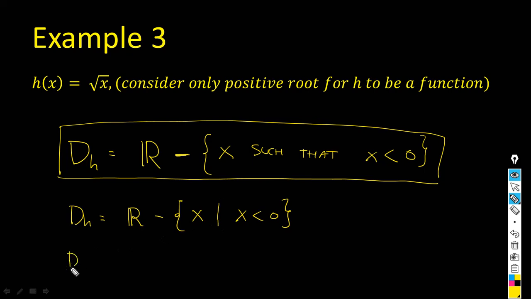And another way to express exactly the same thing is this. Minus or except all those numbers x such that, another weird symbol, such that x is less than 0.